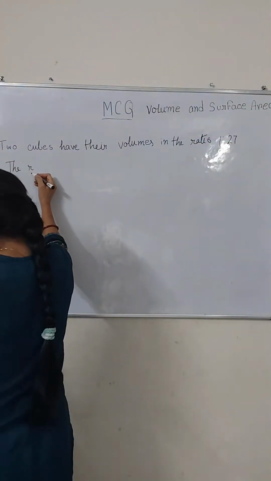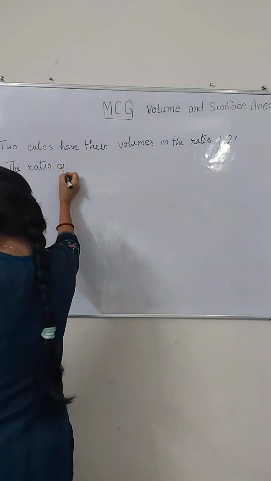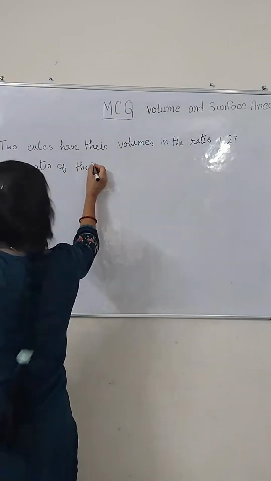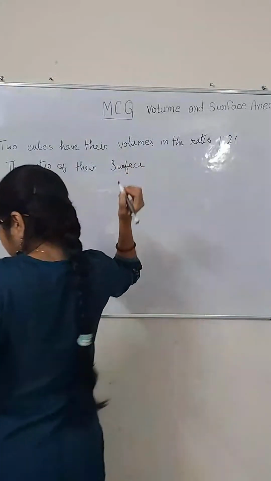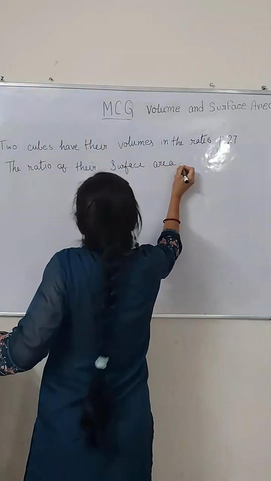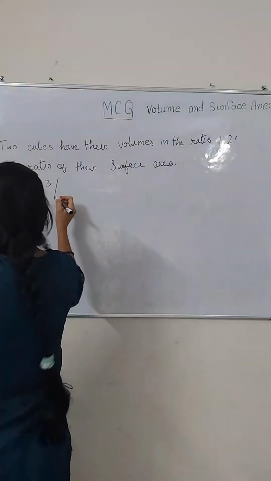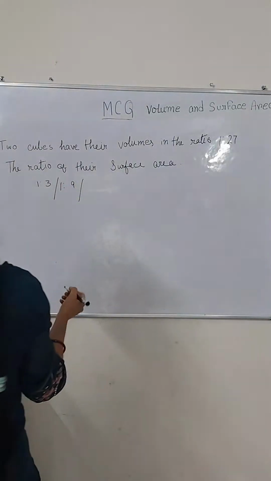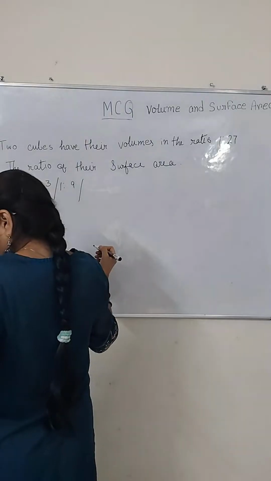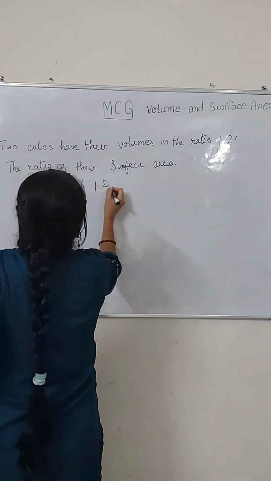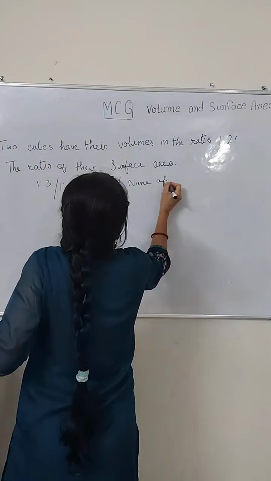The ratio of their surface area is: 1:3, 1:9, 1:27, none of these.